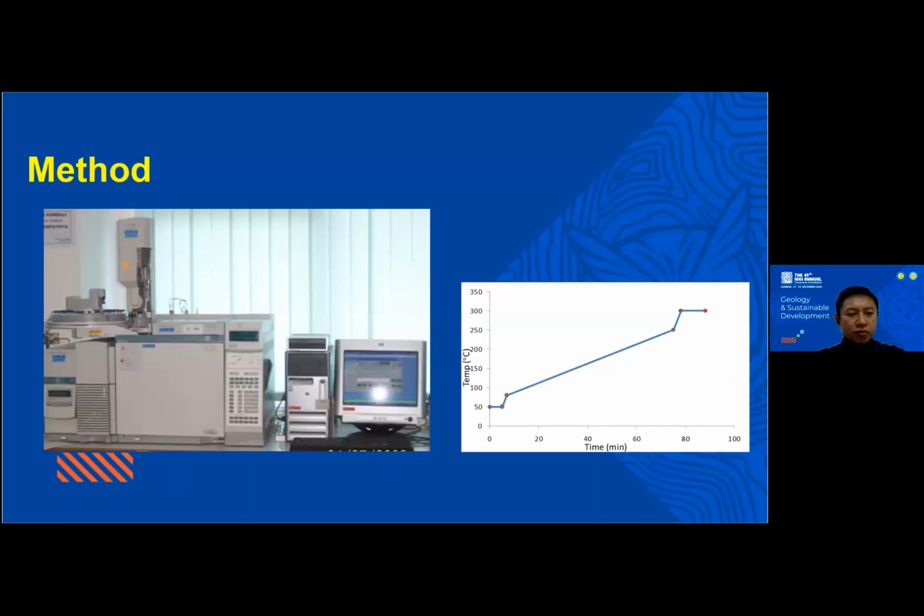Several samples from various conditions and locations were planned to be analyzed, including oil seep and oil spill. However, due to limited access to the laboratory caused by the COVID-19 pandemic, the only sample able to be analyzed is the condensate sample. The analysis of diamondoid is similar to routine oil fingerprint analysis.